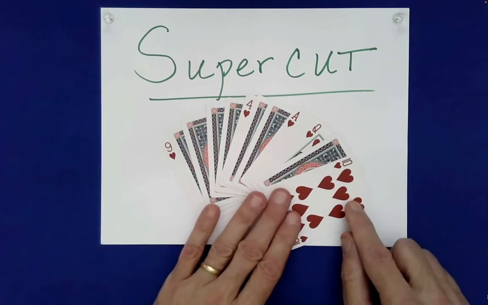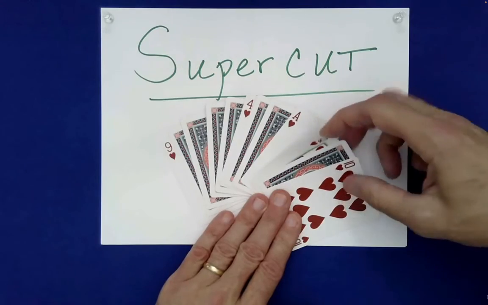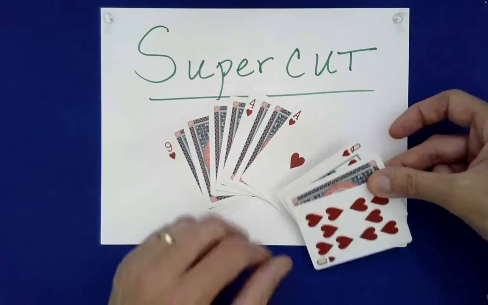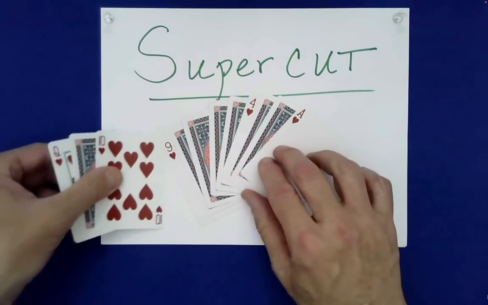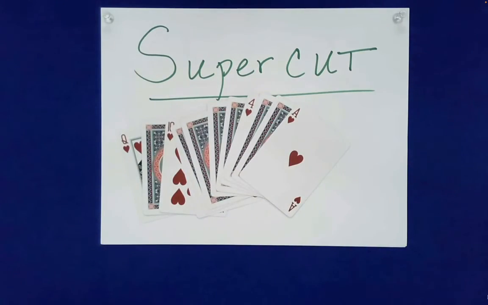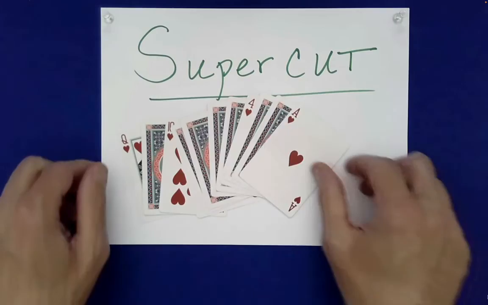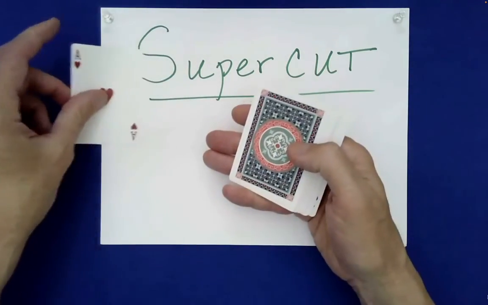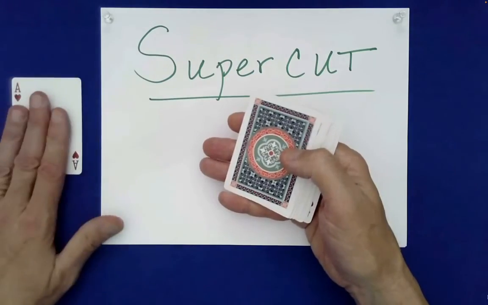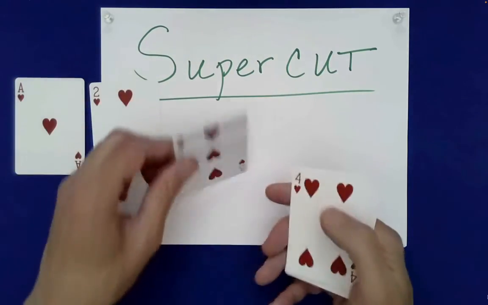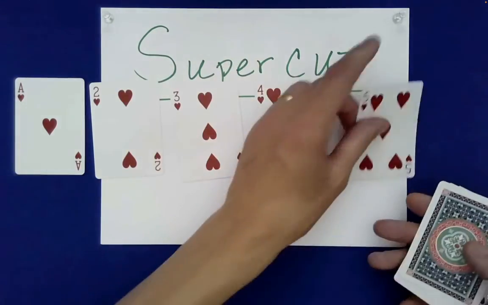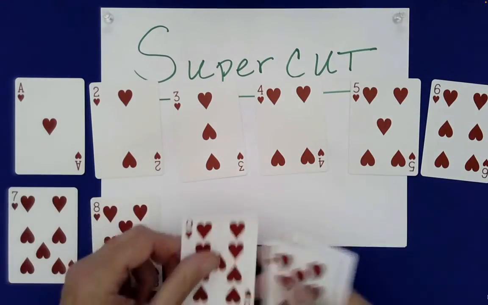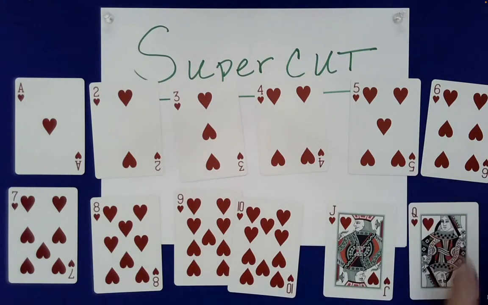But I'm claiming if I move these 3, so I leave the ace on top, because that's where it started, and cut those to the bottom, I'm claiming that it's back in the order ace through queen. Well, let's just check that. So ace, we're hoping that, well, go over here. This is a 2, 3, 4, 5, 6, 7, 8, 9, 10, jack, queen.